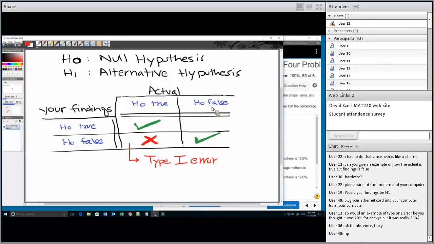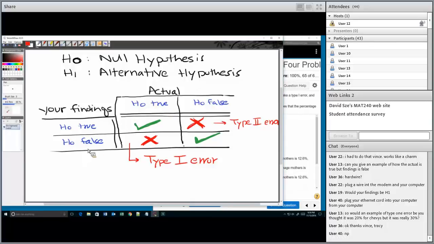Okay? And just like this, it could also be the other way. The null may not be true, but you fall on a sample where you end up finding that it is true. And so this box will also have a cross, and this is called a type 2 error. Now this is something you'll have to remember.